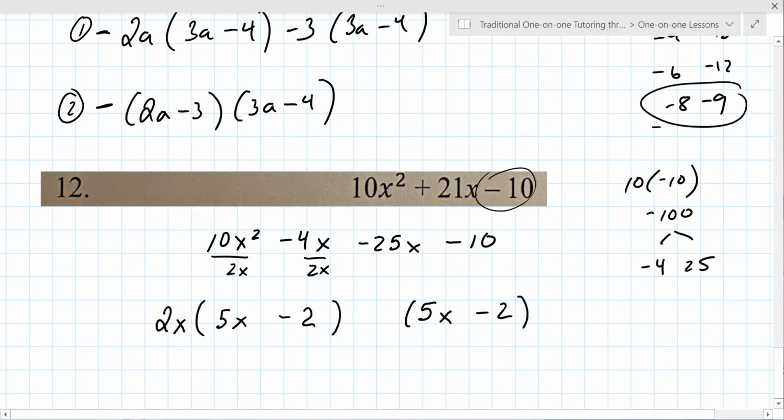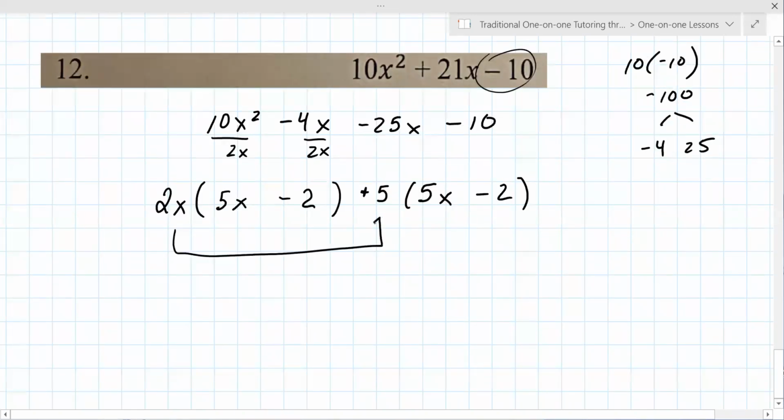Like, what number times negative 2 gets you back to negative 10? It's 5. 5 times negative 2 gets you that. Okay, and then you pair these two, right? So it's 2x plus 5, but then you keep what's in parentheses, 5x minus 2.